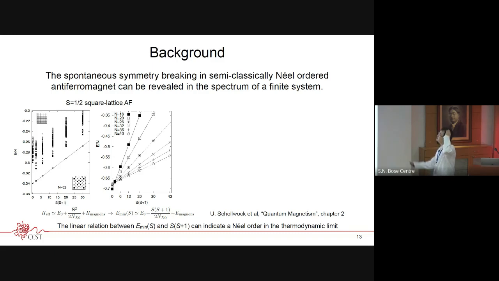We are now looking at the S equals one-half square lattice antiferromagnetic Heisenberg model. And we now know the ground state can have long-range order in the thermodynamic limit. But in a finite size system, we cannot see the true breaking of the continuous symmetry, unfortunately.